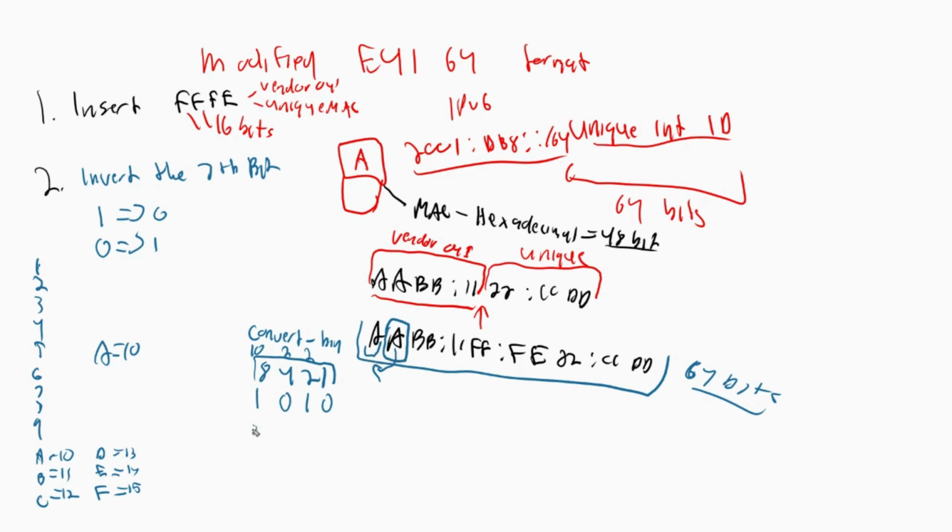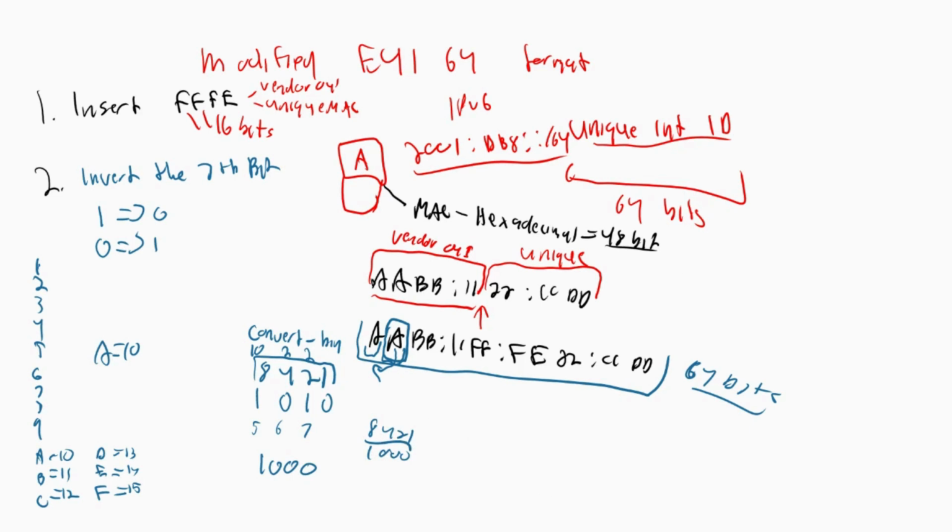So this is going to be the 5th bit, 6th bit, and 7th bit. So we're going to change this 1 to a 0. So now our new 4-bit digit here is 1000. So if we convert 1000 back into hexadecimal, we get the number 8.